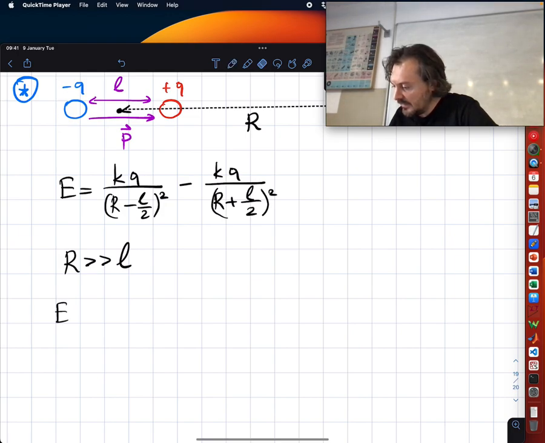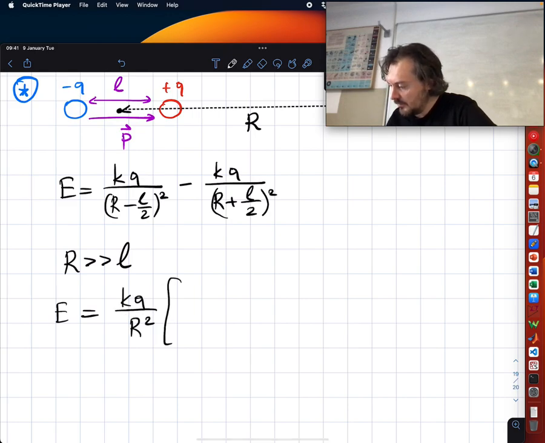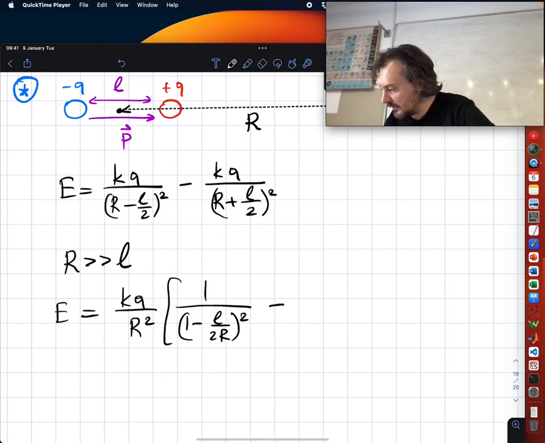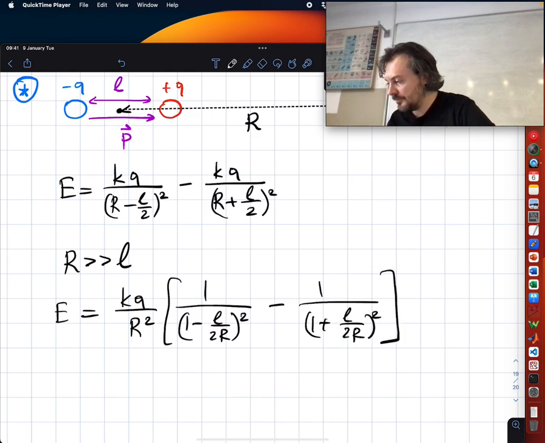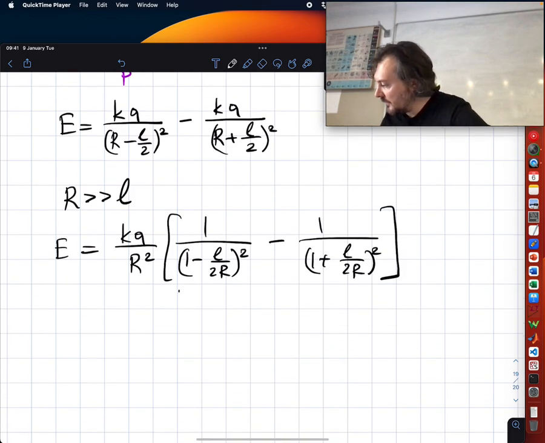In that case, I can rewrite E as KQ over R squared, and I'm going to write it like this. You tell me if you like it or not. Do you understand this? Everybody gets it? Yes? So what do we do with this?